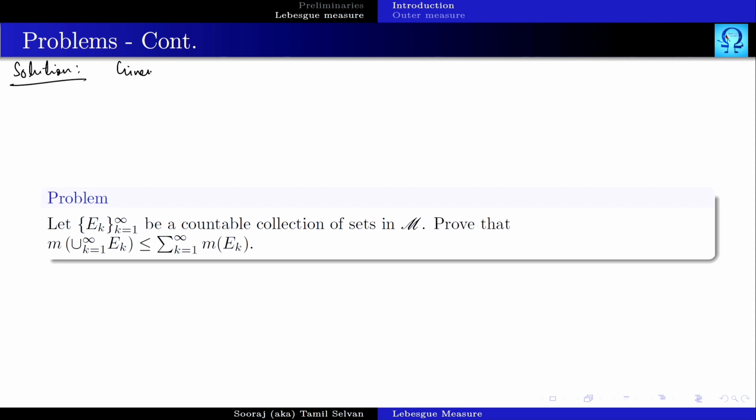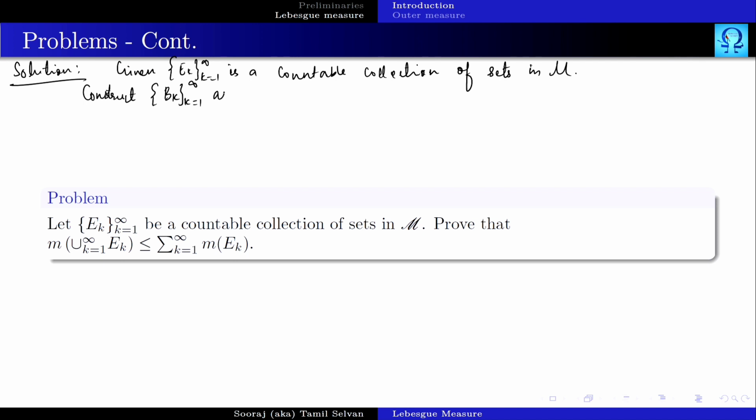So we are given that E_k, with k running from 1 to infinity, is a countable collection of sets in M. Construct a sequence B_k with k running from 1 to infinity as follows.